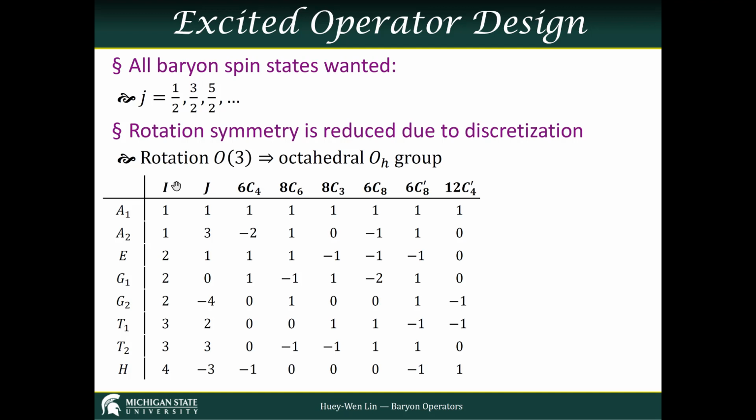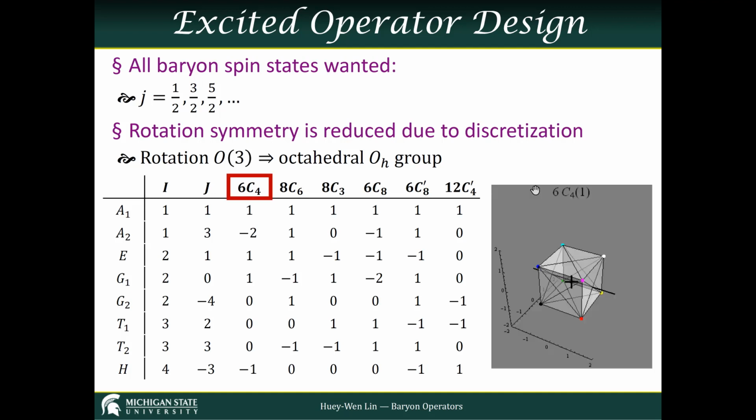There's only one of it, does nothing. J is the operation that we normally call parity. It flips all of the axes. So 6C4 is the group of all operations where we rotate this cube across an axis that penetrates one of the faces of the cube. The 4 denotes the number of times you have to repeat the operation in order to get back to the identity.